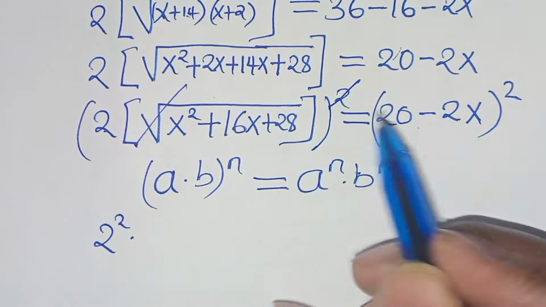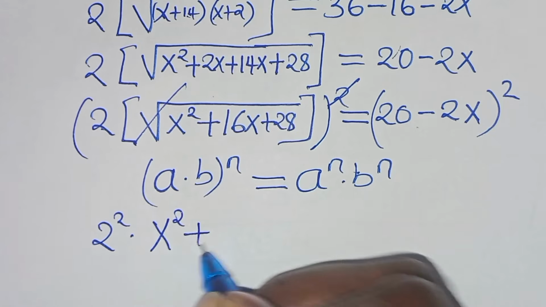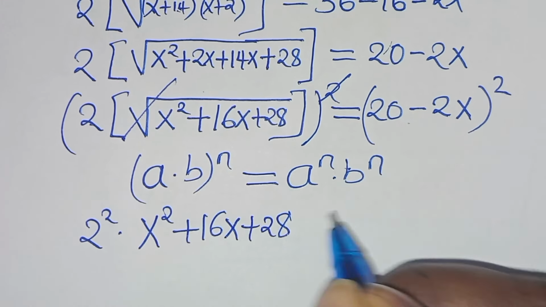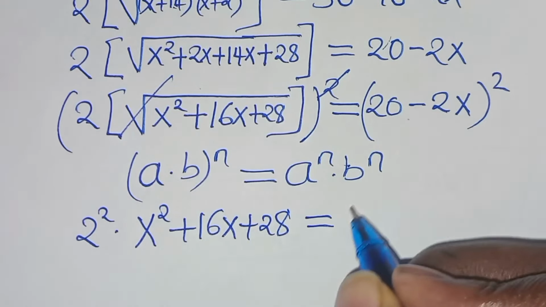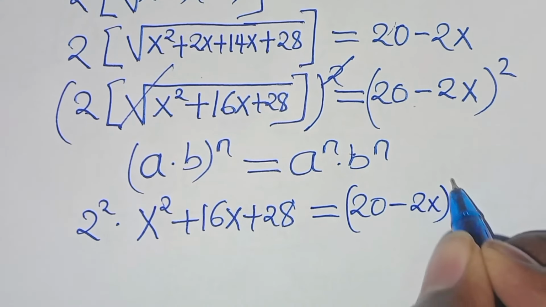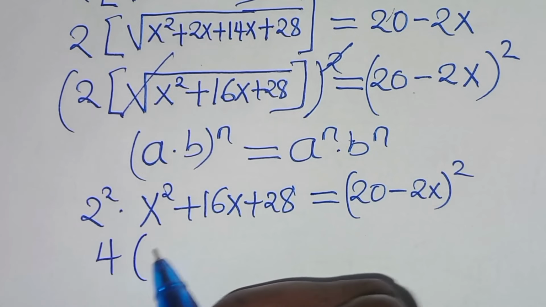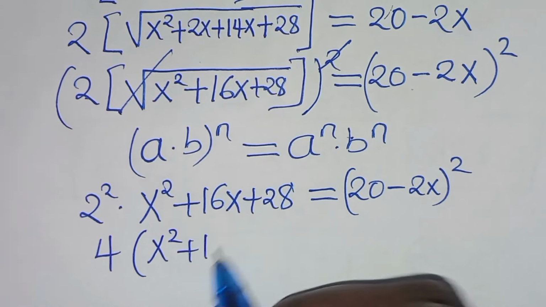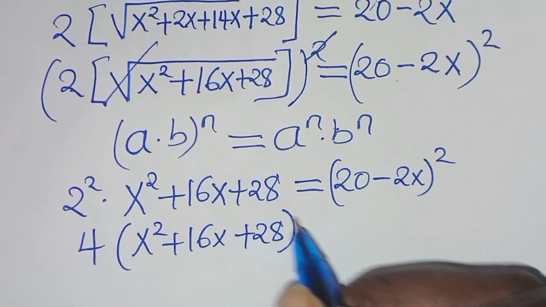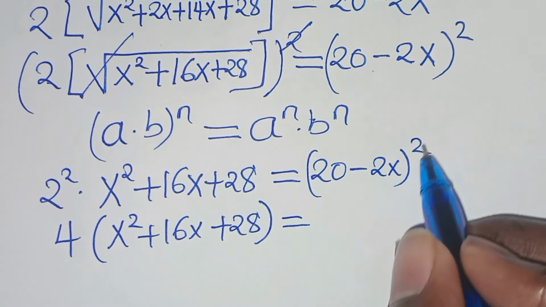This means we eliminate the square root sign. So times x squared plus 16x plus 28. This is equal to 20 minus 2x squared. So here we have 4 times x squared plus 16x plus 28. This is equal to 20 minus 2x squared.